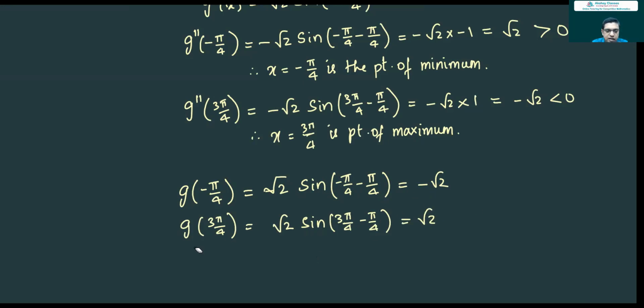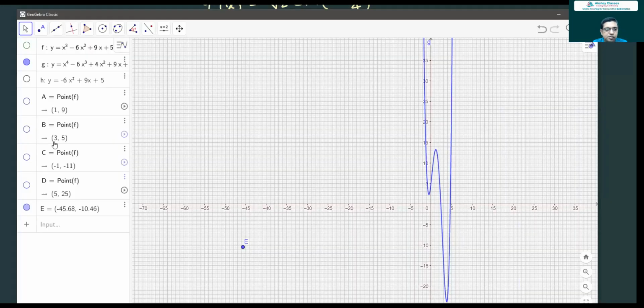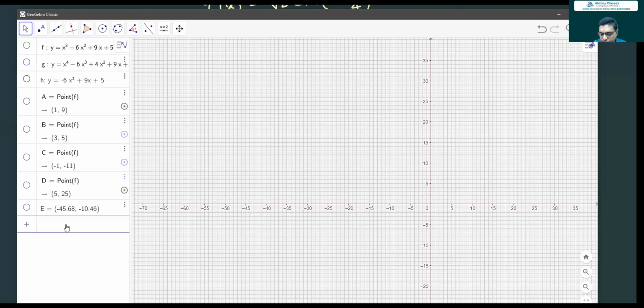Let's look at the curve, how it looks. Okay, I'm giving an input here, sine x minus cos x.